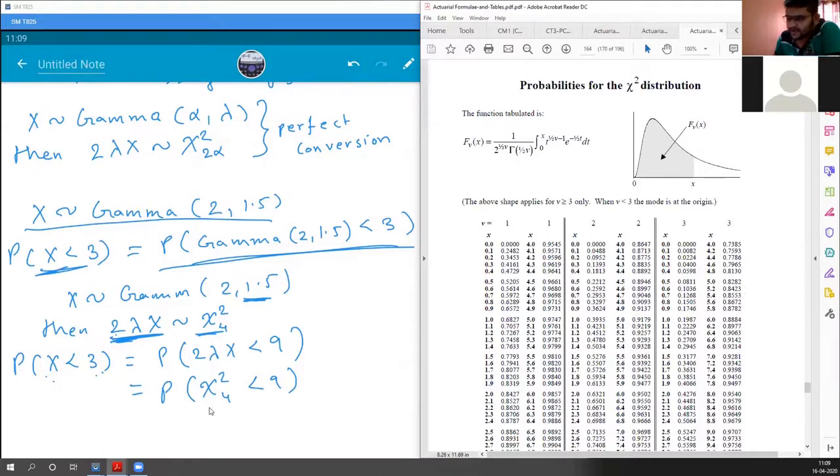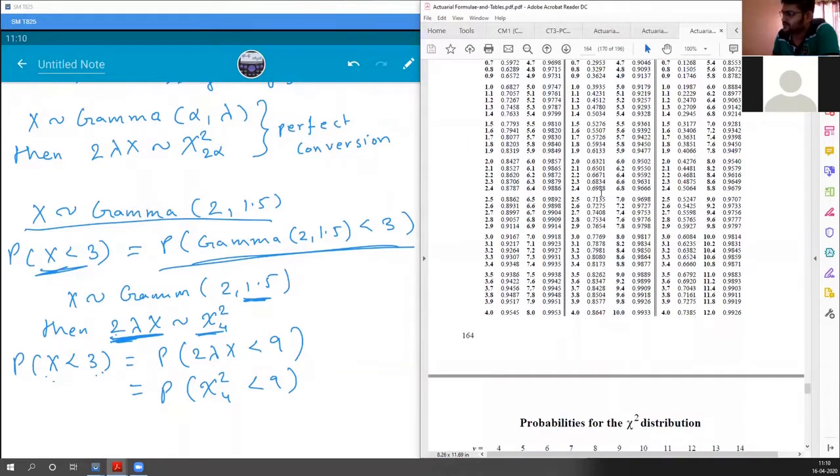So to find the probability we'll look at this table. This table is already going to give us probability less than. So we are actually finding the less than probability. Then next would be our degree of freedom. Degree of freedom here is 4. So here also we'll look for degree of freedom 4. Degree of freedom is nothing but our nu. In the table there is 1, 2, 3, and on the next page 4.